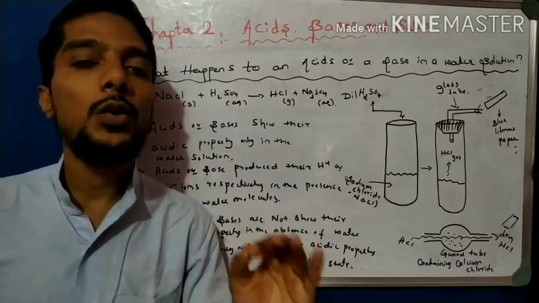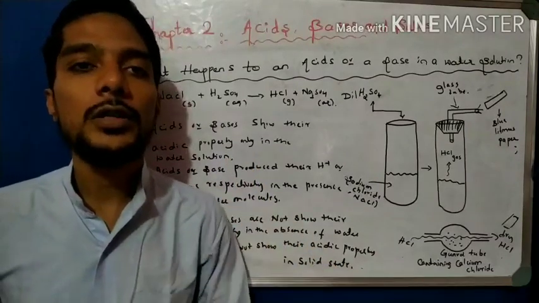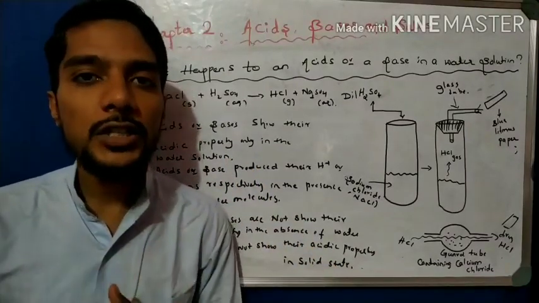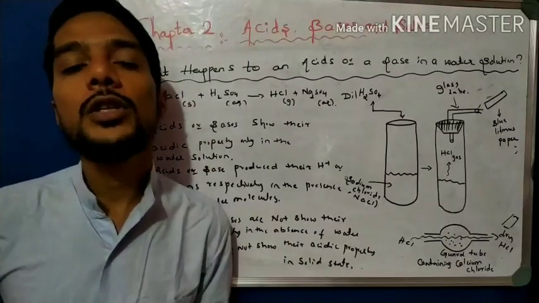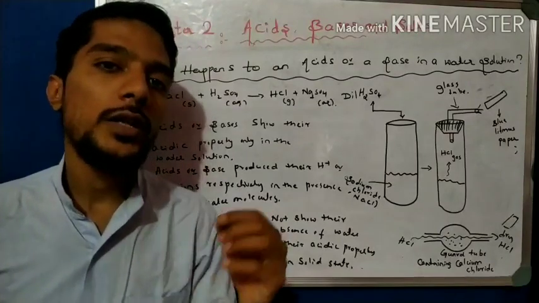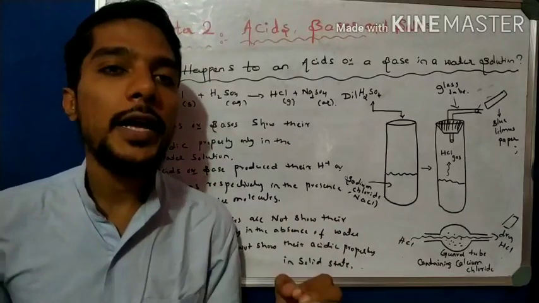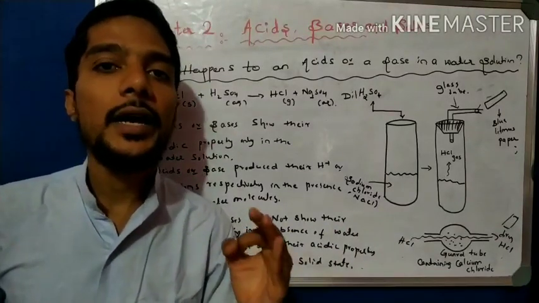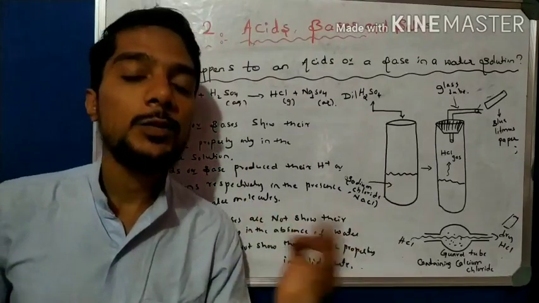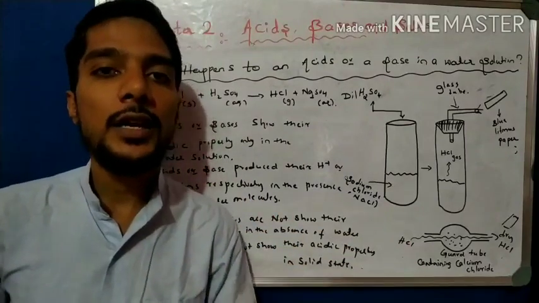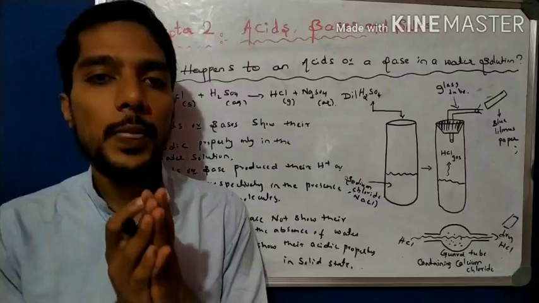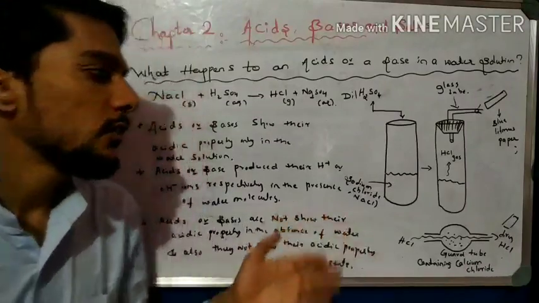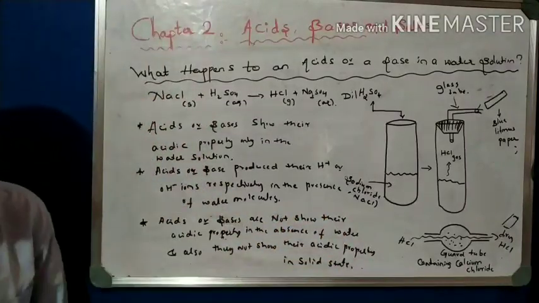H plus ions are only produced in the presence of water molecules, and H plus ions or OH minus ions are not produced in the absence of water molecules. So in the dry litmus paper or dry gas there are no water molecules, but in the wet litmus paper or in the solution of HCl there is a presence of water molecules. So that is a very important activity, you should practice it.